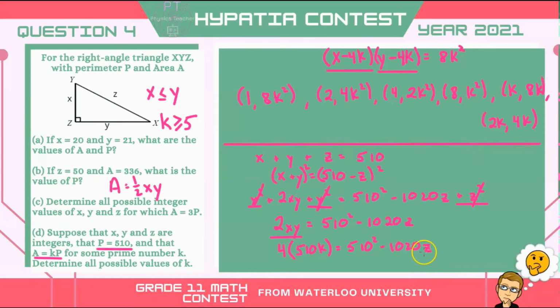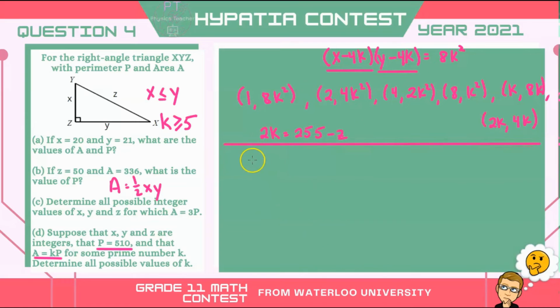Now you can just divide every term by 510 and then further by another 2, and you're going to end up with 2k is equal to 255 minus z. All right, so let me just write that over here, and I will free up some room, and we will continue.